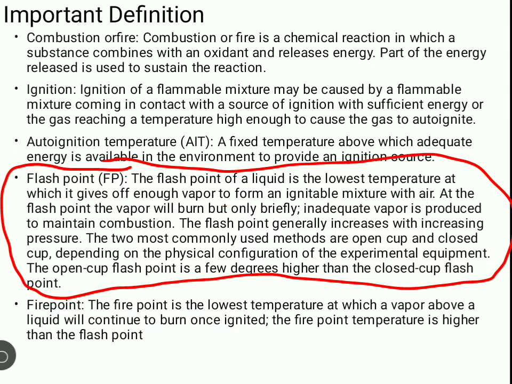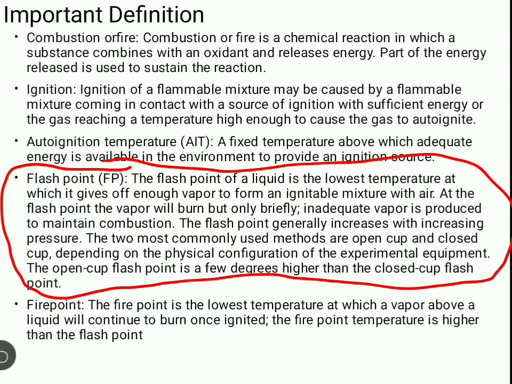At this point the vapor will burn briefly, but adequate vapor is not produced to maintain the combustion. That is a very important point for flash point.